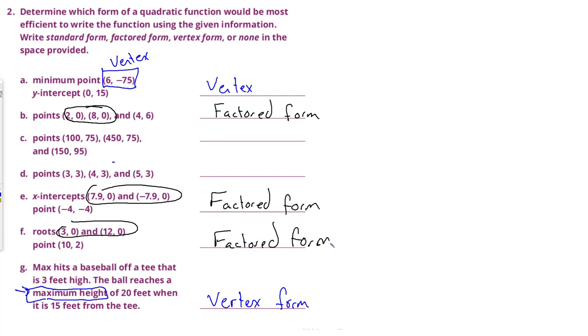Now, looking at the last two we have, these two have 3 points. And so in this one, it's best in standard form. But when I'm looking down here, I notice that every single one of these has a y value of 3. So this one's none, because really the best equation for it is y equals 3. So that constant graph, that linear graph, is the best for D.